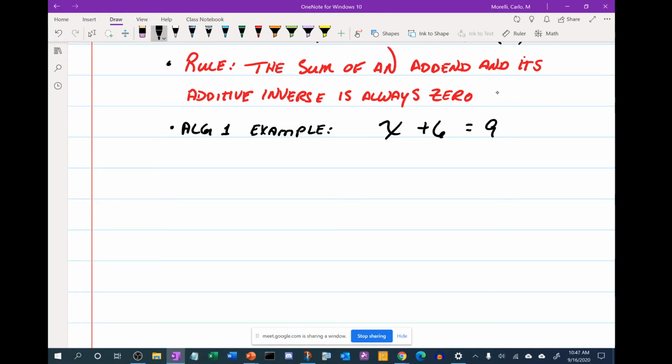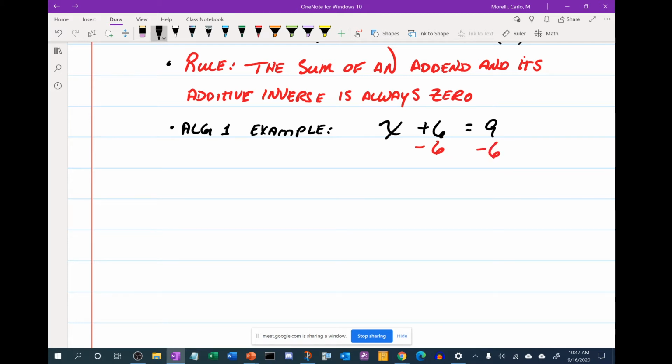Solve for x. What you do to get x by itself is you use the additive inverse of this number. What's the additive inverse of +6? -6. Now we balance it by putting it on both sides.